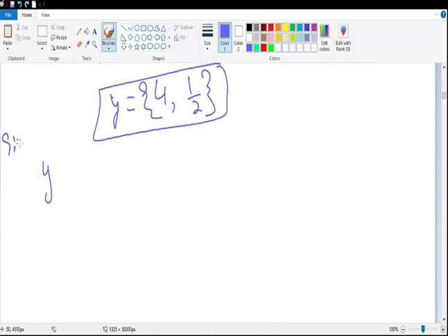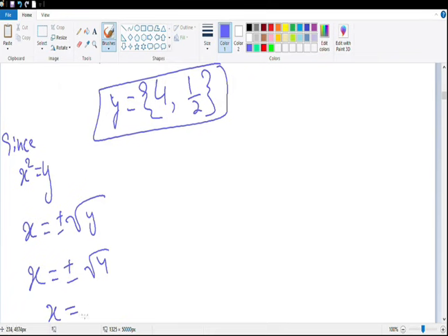Since x squared is equal to y, x is equal to square root of y, plus and minus here. So x is equal to, the first value is 4. So x is equal to plus minus square root of 4 right here. And so x is equal to plus minus 2.